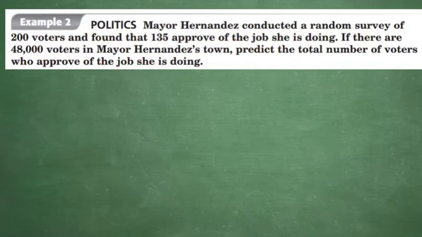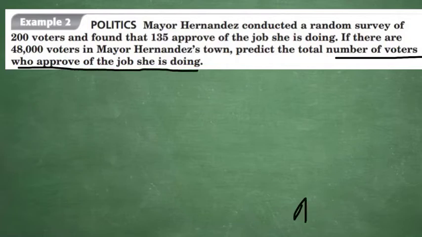So what I'm looking for, again, we can start at the end, is we want to know the number of voters who approve. That's our answer. That's what we're looking for at the end, is approve. Now we're also going to look for anything we can compare. This is all about ratios and proportions.